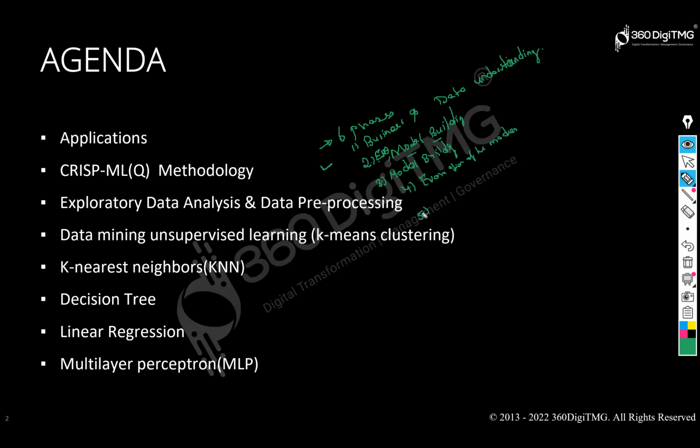Fifth phase speaks about model deployment. And the sixth phase speaks about monitoring and maintenance. So we have 6 phases here.